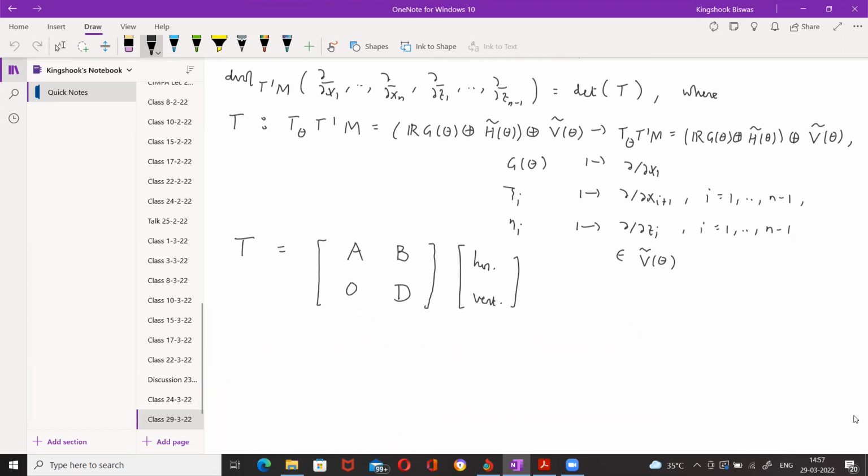If you are purely vertical, then the image should also be vertical, right?